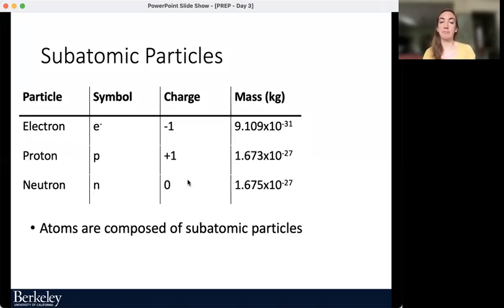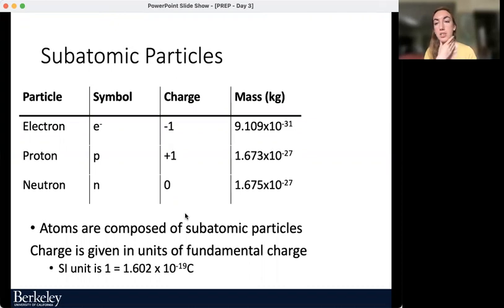And their charge is given here. So electrons have a charge of -1, protons have a charge of +1, and neutrons are neutral. They have a charge of 0. Just one quick note on the charge.